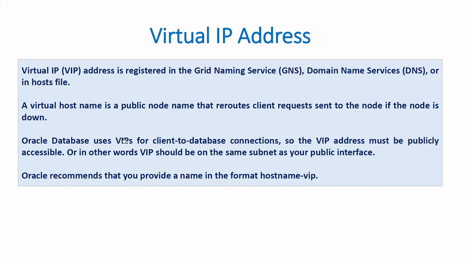You have to create a hostname.vip, and to this you will map the virtual IP. The virtual IP should be in the public subnet, and it basically allows the application to send the client request to the other node if the node is down. That is the reason why it should be in the public subnet.